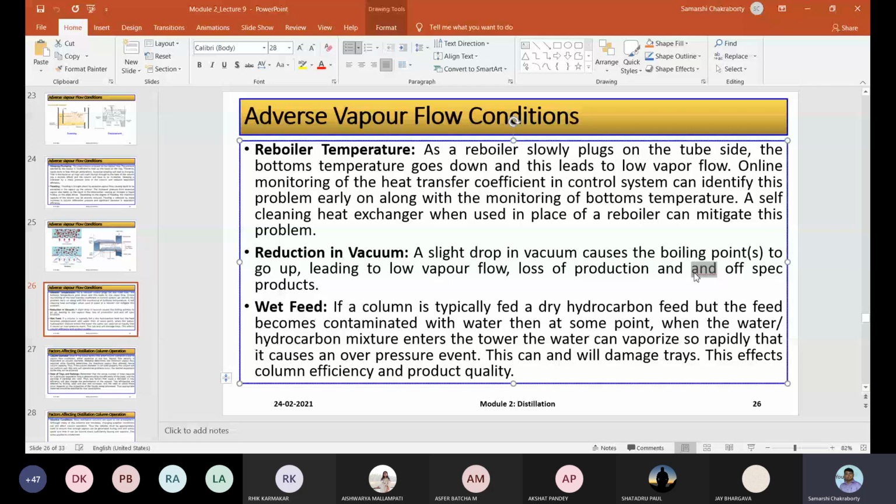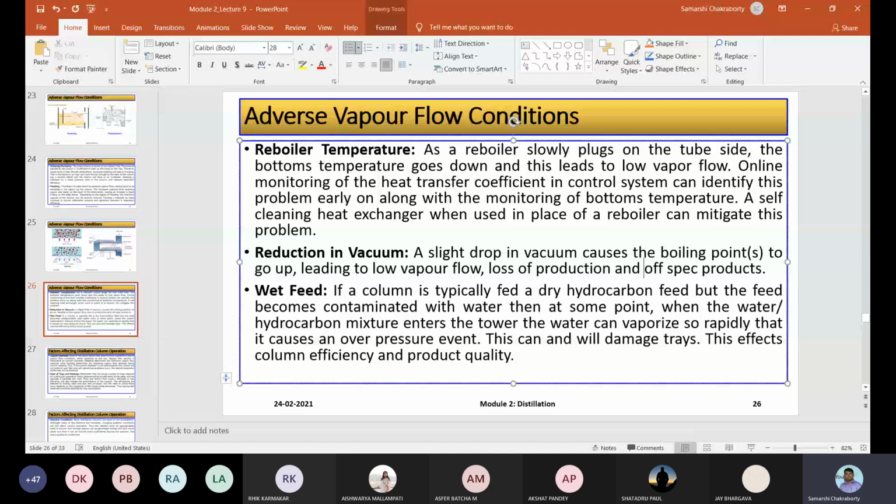in the vacuum distillation column. And last but not the least, a very important factor is wet feed. A column is typically fed with dry hydrocarbon, but if the feed becomes contaminated with water, then when the water and hydrocarbon mixture enters the tower, the water can vaporize so rapidly that it causes an overpressure event.